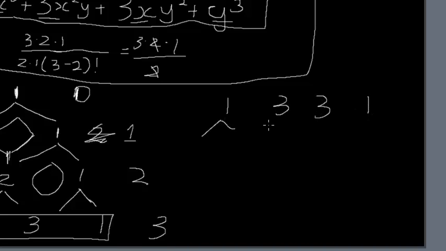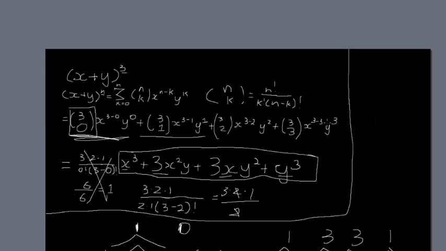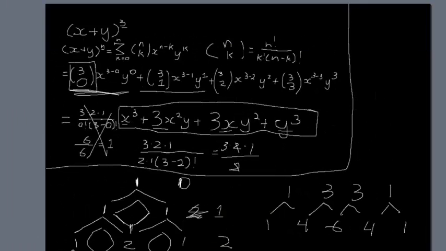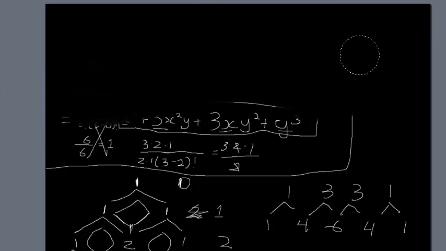We got here 1, 4, right? And then 6, 4, 1. Now these would become the first part of the equation. Let me erase all of this because we don't really need it right now. Okay.